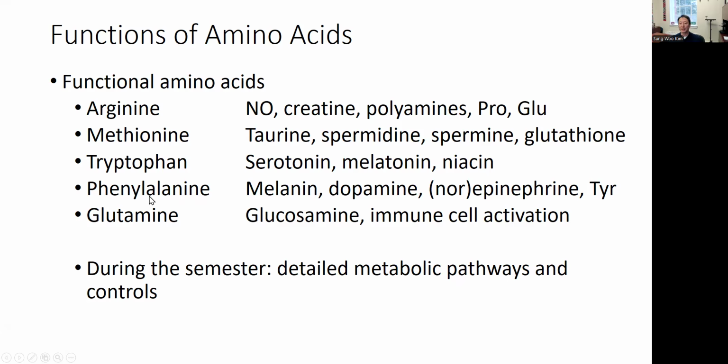Also, phenylalanine can be converted to dopamine, a neurotransmitter, followed by epinephrine. But with some genetic defects, some humans will have a problem catabolizing phenylalanine, and it becomes very toxic. So for a certain group of people, phenylalanine should not be taken.